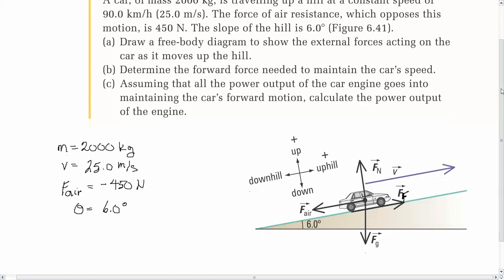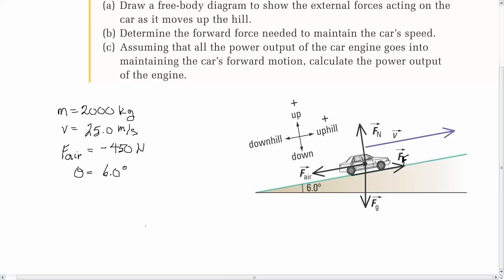So here's our angle, and here's our object. We have our force of gravity acting straight down. And we've got our forward acting force acting up the incline. And remember that up the incline is positive, down the incline is negative.